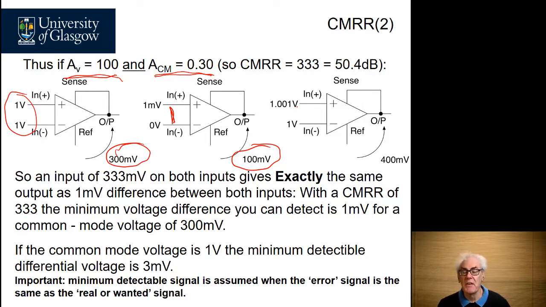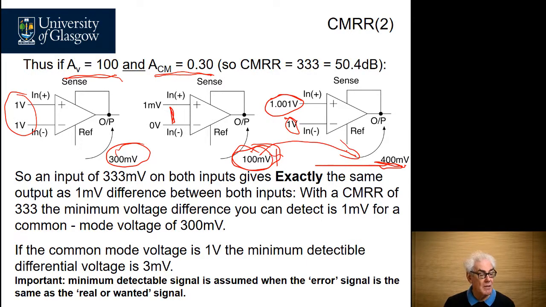But let's look at the third scenario where we have 1 volt on one input and 1 volt plus 1 millivolt on the other input. We still have a differential input of 1 millivolt, but in this instance we end up with a 400 millivolt output voltage, which equals 100 millivolts from the voltage that we detect from the differential signal plus 300 millivolts from the common mode signal.